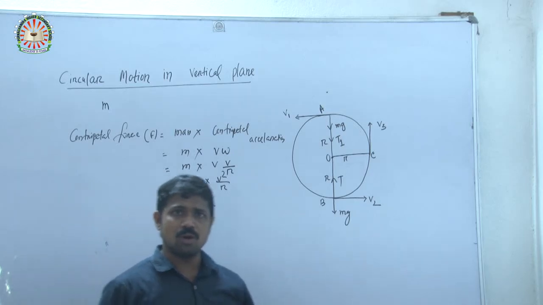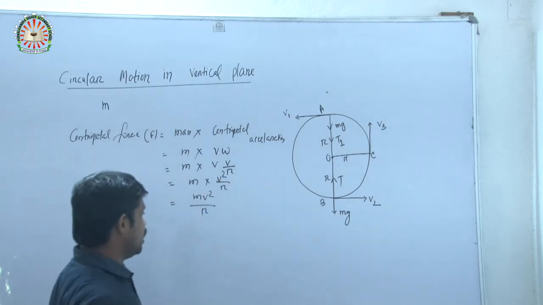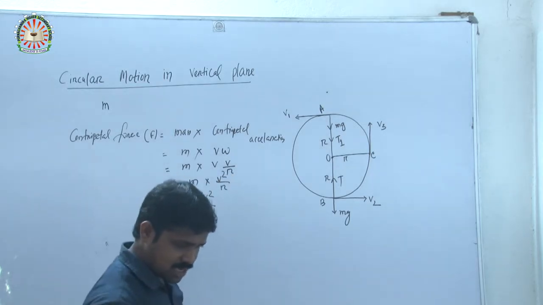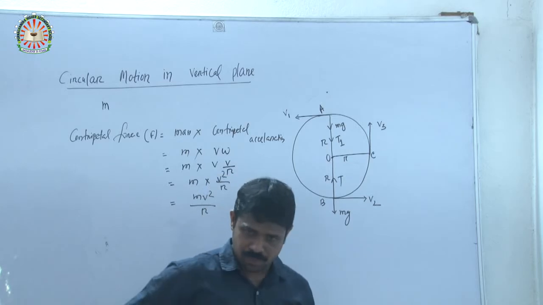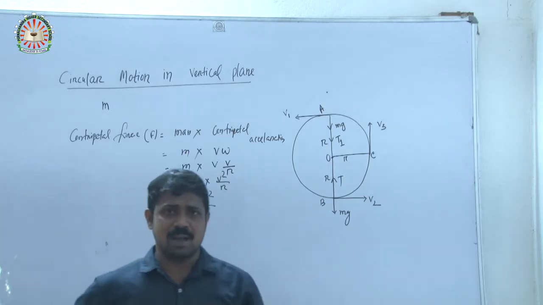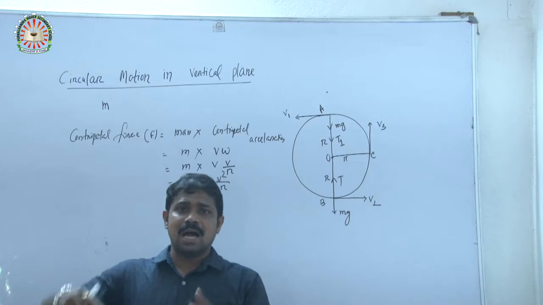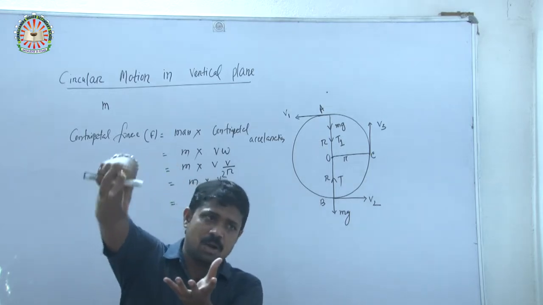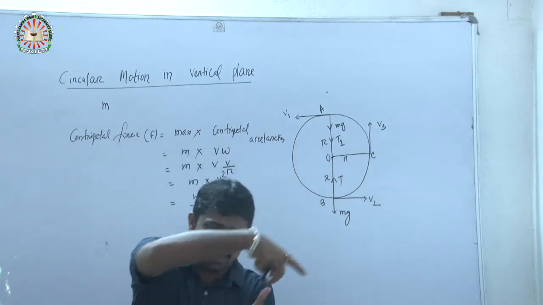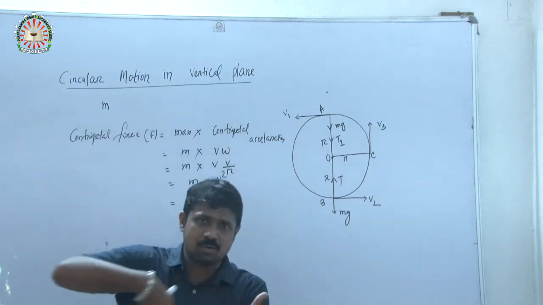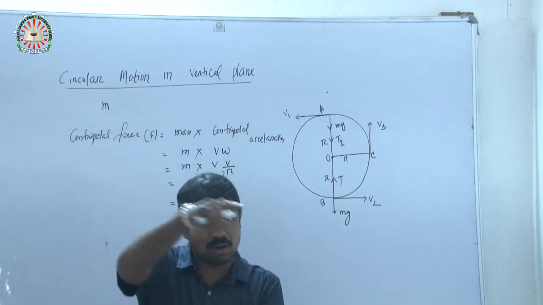Clear all of you? Okay, so you can also take an example of your centripetal force. For example, the planets moving around the sun. Listen very carefully. The planets moving around the sun in a circular orbit.